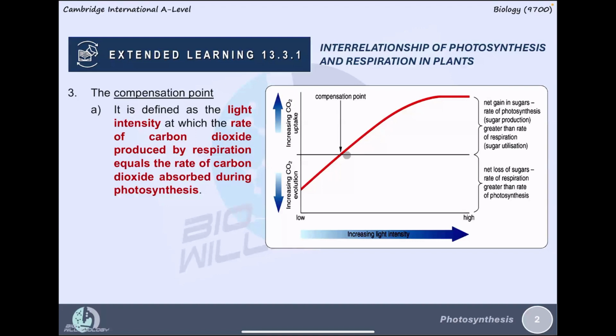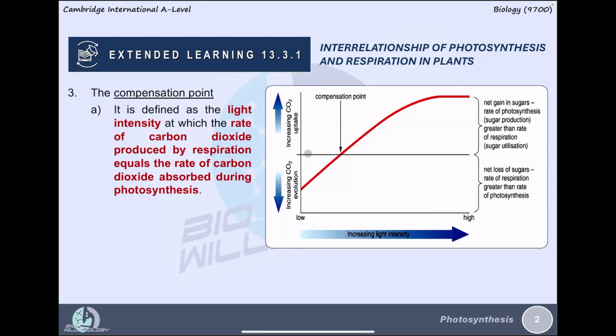However, above the compensation point, we can see that there is an increase in CO2 uptake, which indicates that the rate of photosynthesis is higher than the rate of respiration. So therefore, there is a net uptake of CO2.